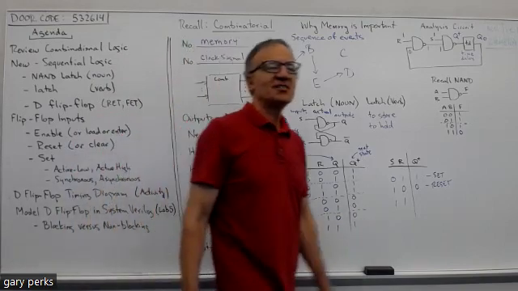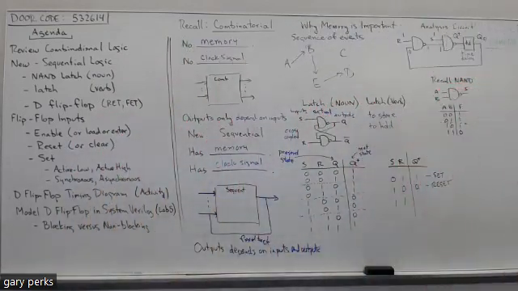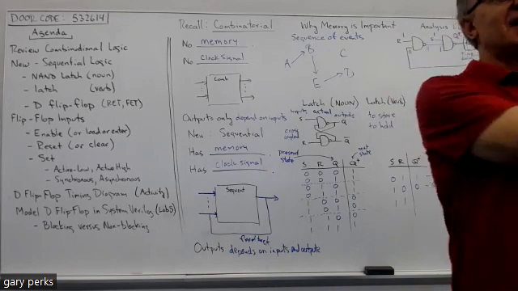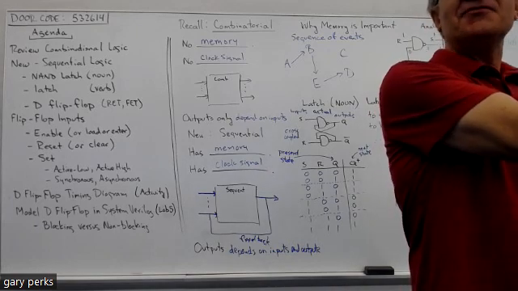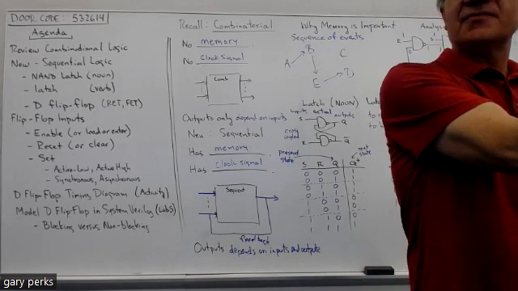What do you think we call it? If the output value is the same a time later as what it was previously, and 1 or 0 is part of information, part of data, right? We know that zeros and ones represent data like binary numbers, and zeros and ones can represent anything. So if you think of these outputs of the latch being data, we have data from a previous time.